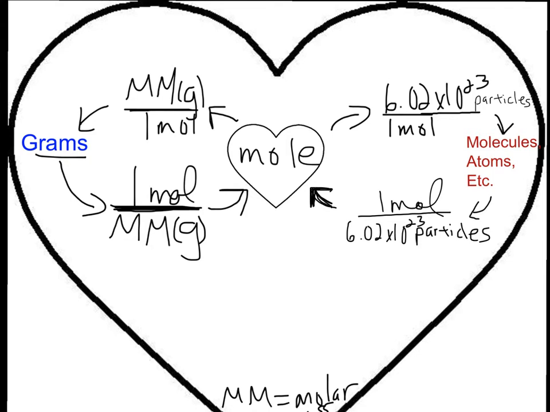And you see there's no arrow that goes directly from grams to particles. We always have to go through mole as the intermediary before we can get from one side to the other. And so really the mole is the center of everything that we're going to be doing.